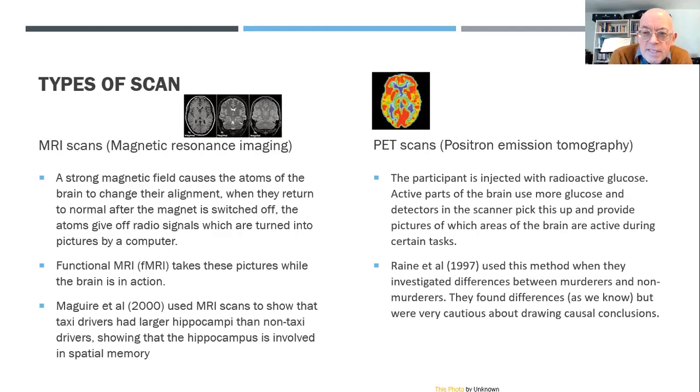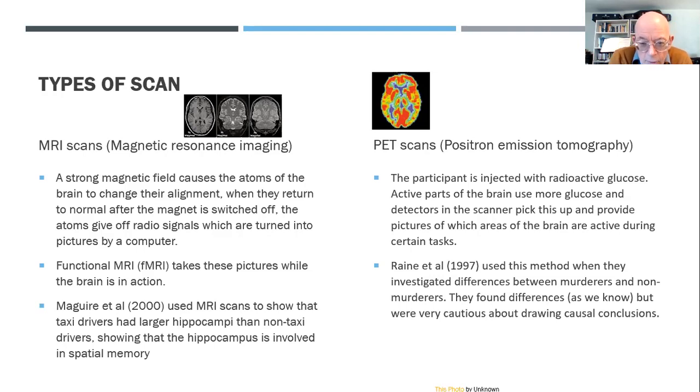And then we have PET scans. You'll be more familiar with this because we did this with Rain et al., as I'll say in a minute. So in PET scans, they use radioactive glucose. Now, the brain uses glucose when it's active. So if a section of the brain is active when you're doing a task, that will be using a lot of glucose.